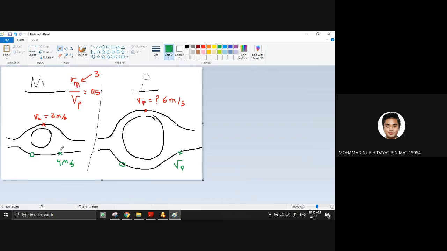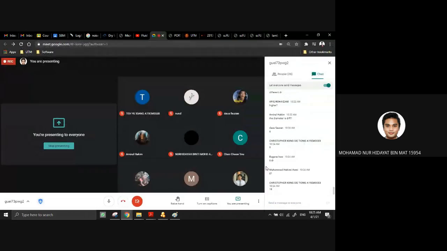This point shall be referred to this point. That's why we call it a corresponding point, having the velocity ratio. This 3, this is 6, multiply with 2. This is 9, multiply with 2, which is 18. Are you clear so far?